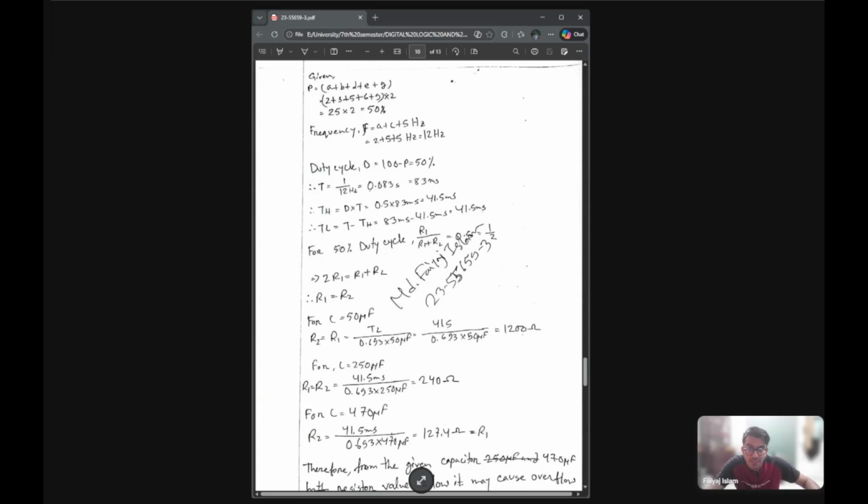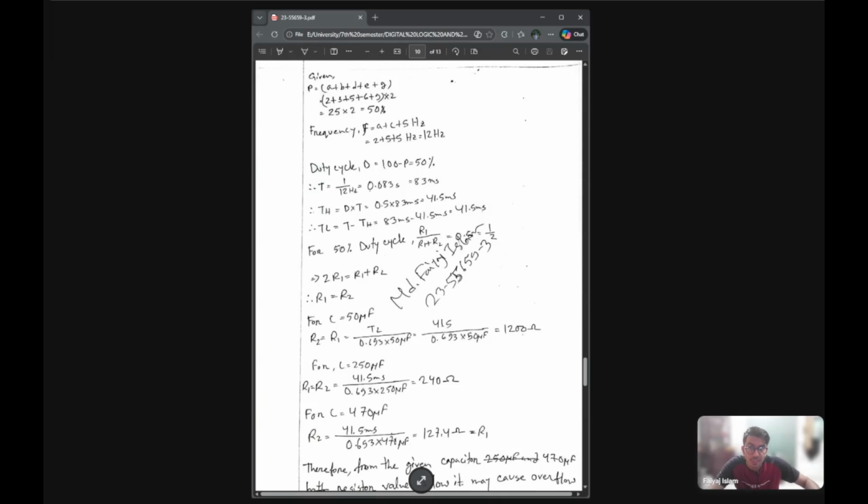This results in a high time and low time of approximately 41.5 milliseconds each. To achieve this timing, I evaluated three capacitor options: 50 microfarad, 250 microfarad and 470 microfarad.